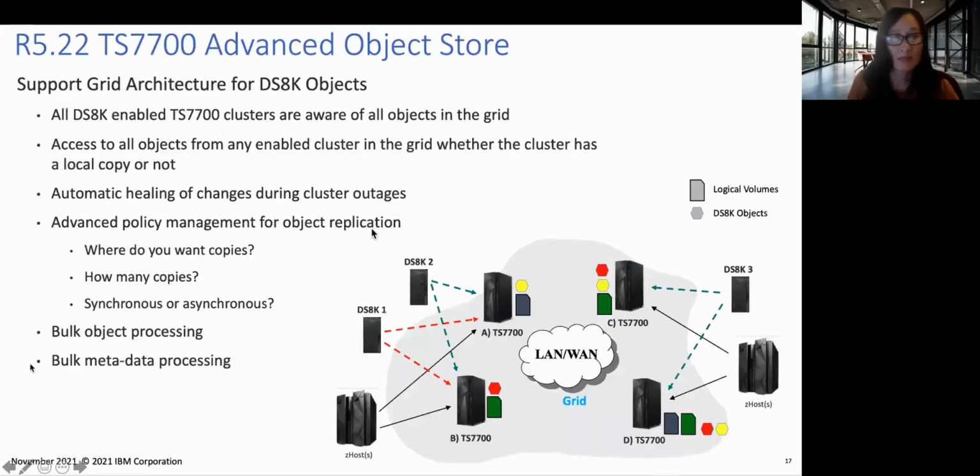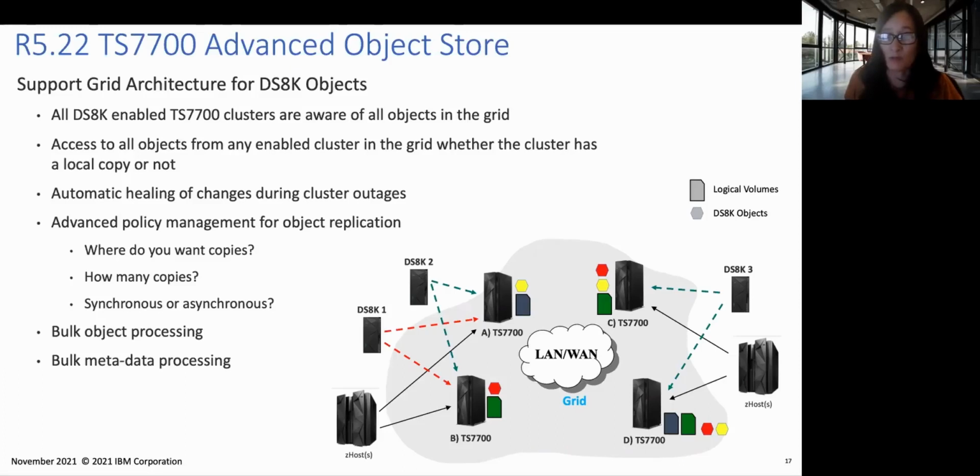So on the 7700 end, really the rest of this deck talks about the 7700 and this new feature. With this new support, all DS8000-enabled 7700s become aware of these objects. This means we now house a database of these objects that we never did before.